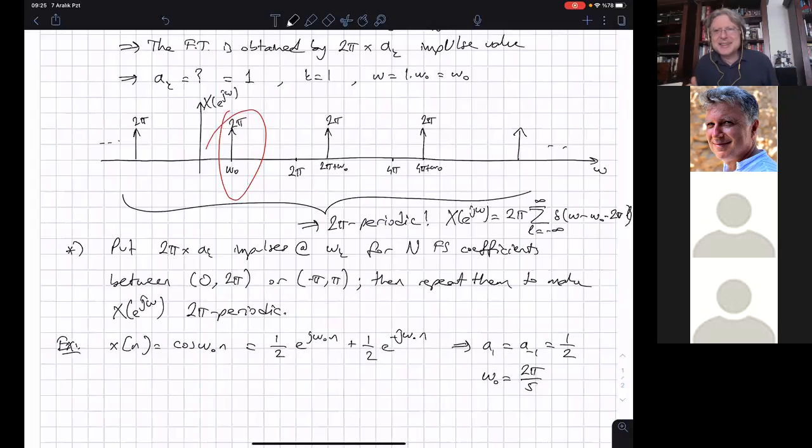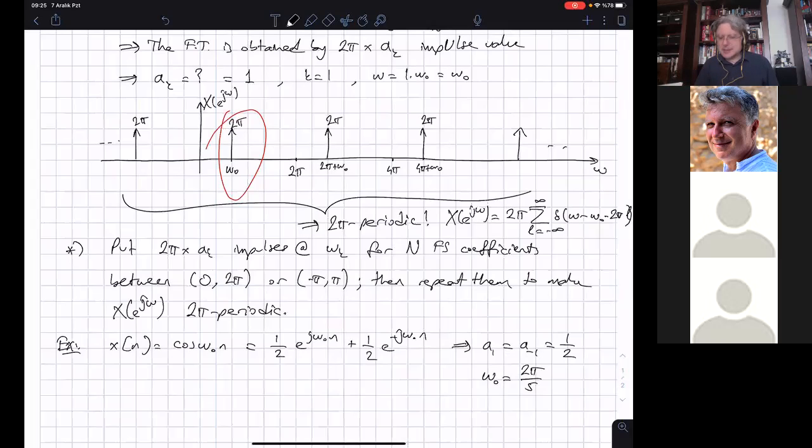Sorry about that. I hope you can see that. It's 2 pi times the infinite summation of impulses of delta omega minus omega 0 minus 2 pi L. Okay, that is the correct way of writing these.